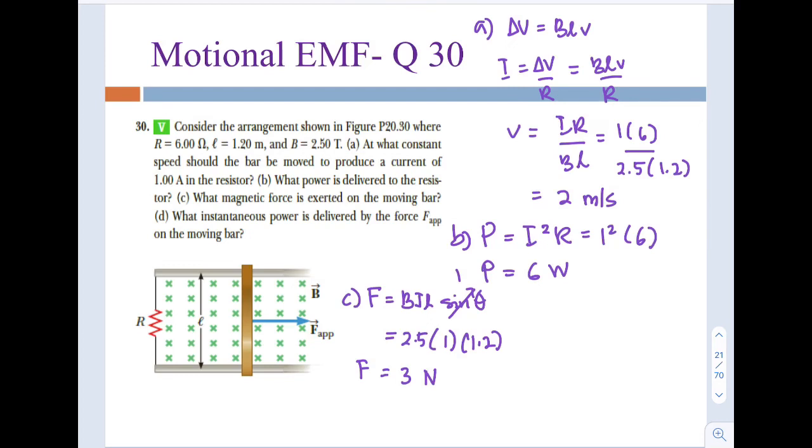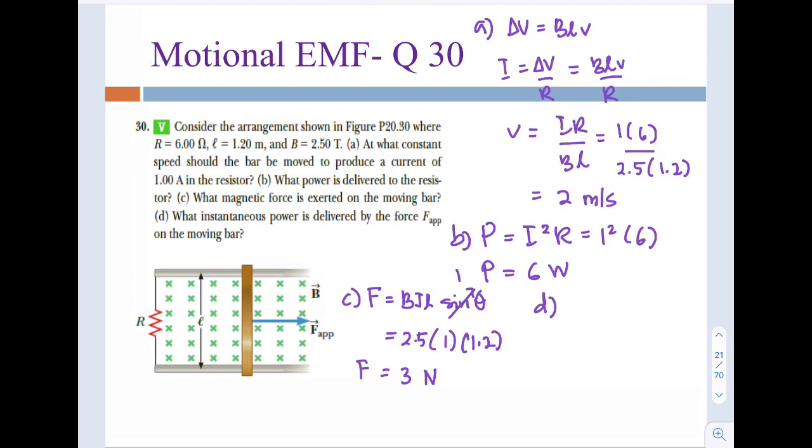Part D: what instantaneous power is delivered by the force F applied on the moving bar? Bear in mind that this moving bar is moved at constant speed. When you have a constant speed, it means that the a will be 0. There is no acceleration.